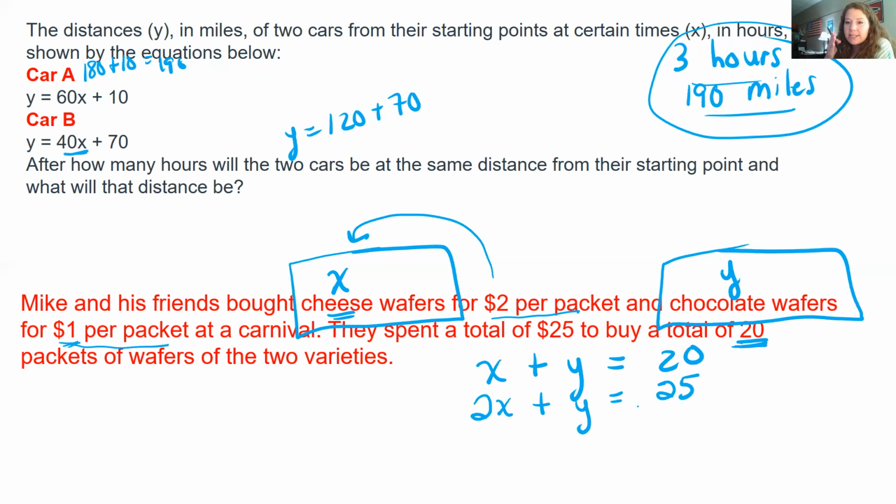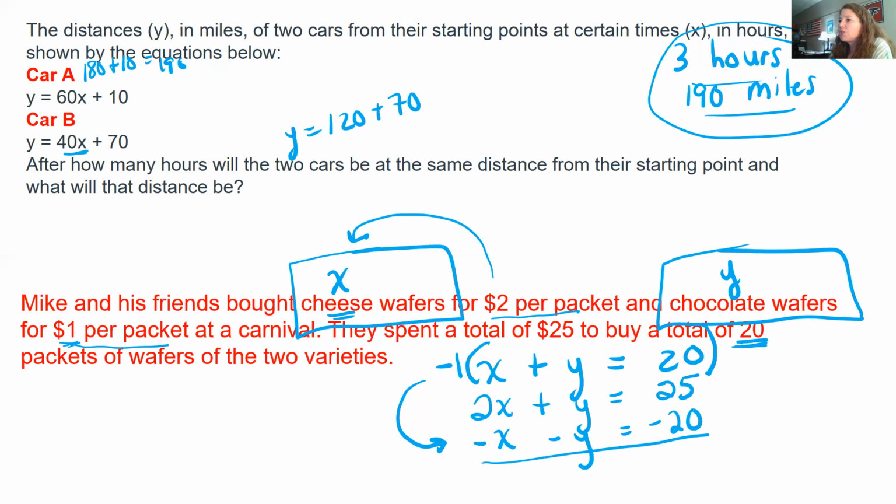Well, since our X's and Y's are lined up, I'm going to use elimination. I'm going to multiply everything in the top equation by -1. So X times -1 is -1X, and negative Y equals -20. So 2X minus 1X is 1X. The Y's eliminate.